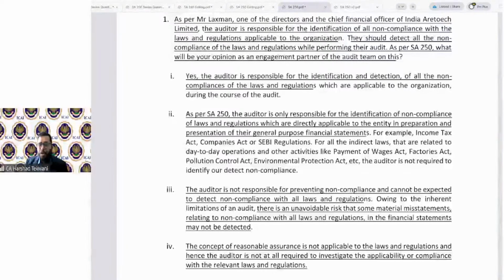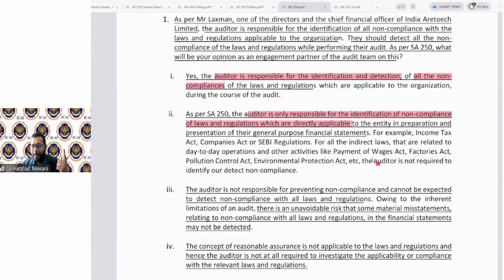So option 1 talks about the auditor's responsibility. That is incorrect. The auditor is not responsible for identification and detection of all the non-compliances. That's the responsibility of management. Even in the second, the auditor is responsible for identification of non-compliance of laws and regulations which are directly applicable. No, not even directly applicable.